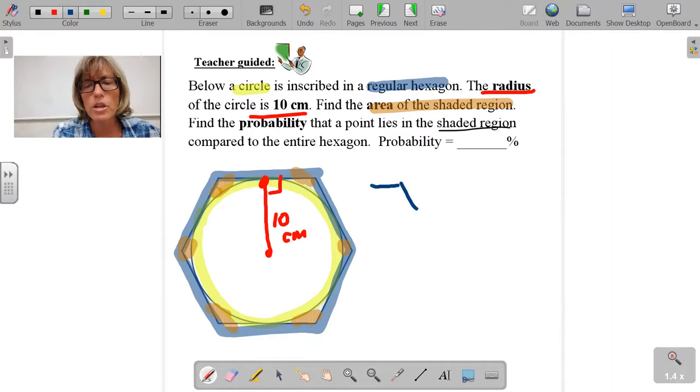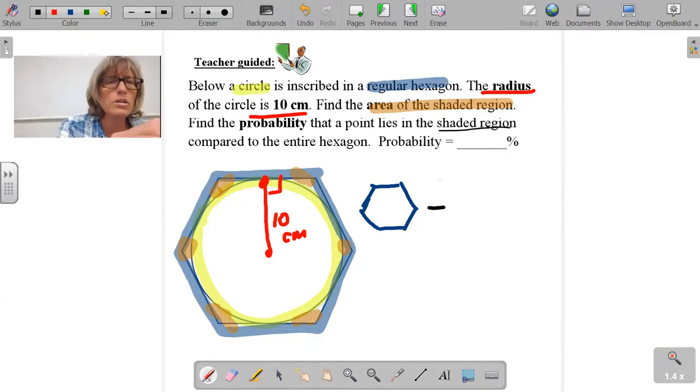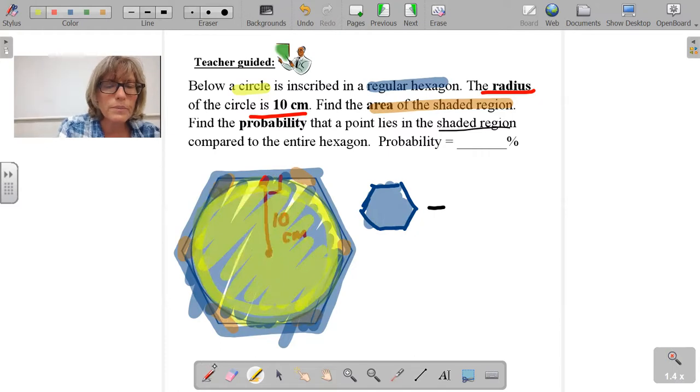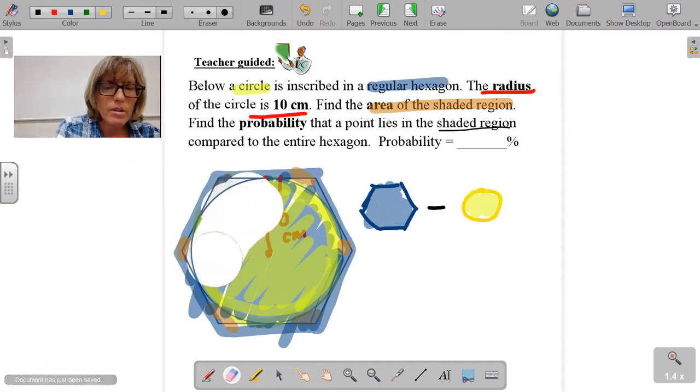To get the shaded region, it's going to be hexagon minus, so if we find the area of the hexagon and we find the area of the circle, all we have to do to get the shaded region is subtract the circle from the hexagon.